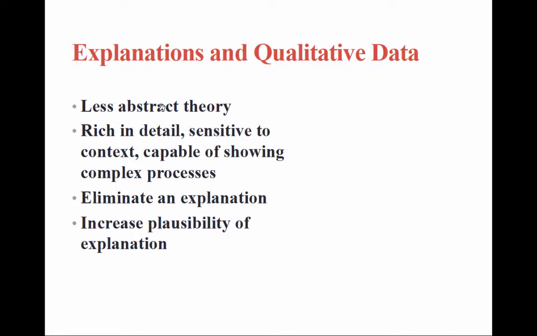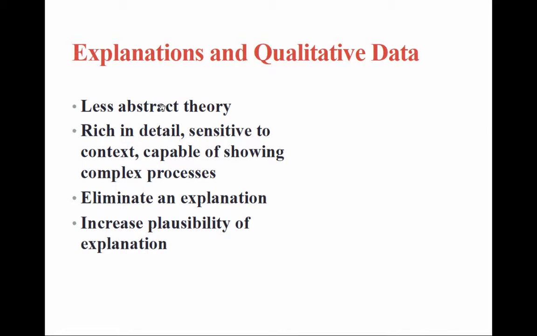And you see these kinds of descriptions outlined a little bit here as well, in that in the qualitative data, you start to see discussion at least of the theory and how it becomes less abstract. There's a great deal of detail given because you're trying to illustrate the context.